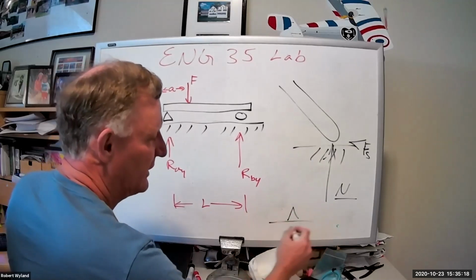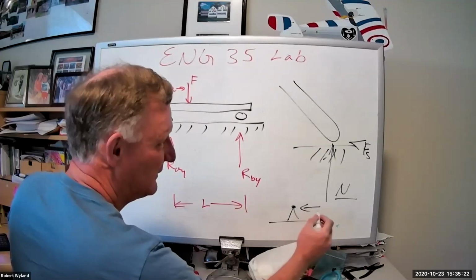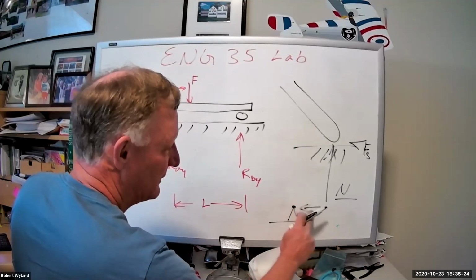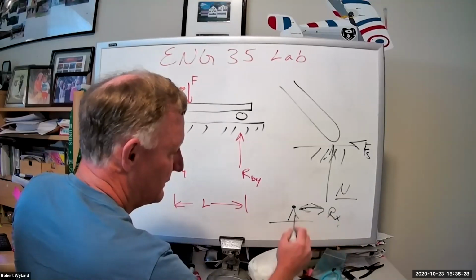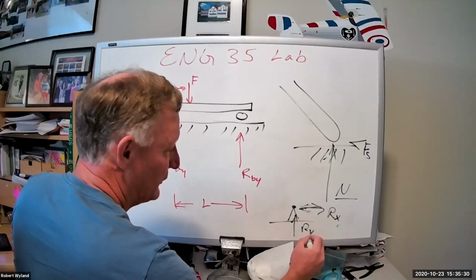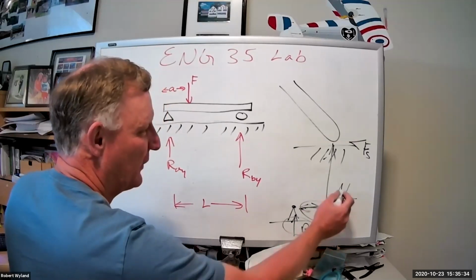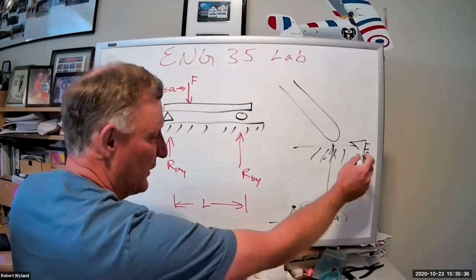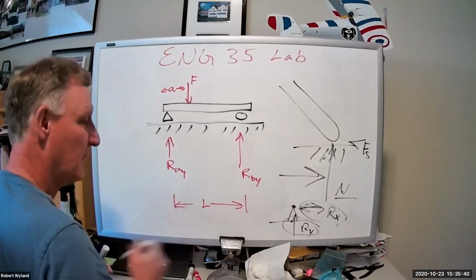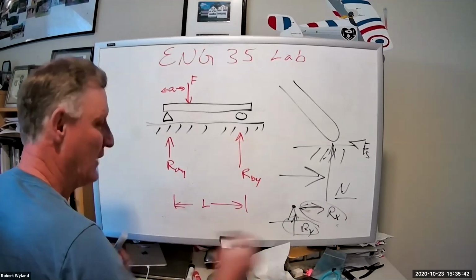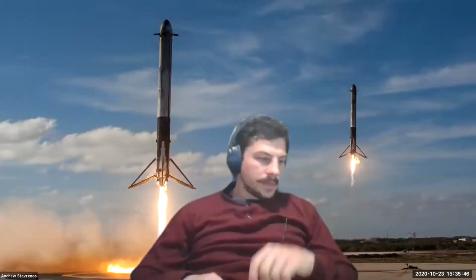If you drew a pin, you would have, excuse me, so you end up with the same thing. Instead of RY, you end up with N, and instead of RX, you end up with FS. I prefer to see it this way because that's more relevant, but the end result is you end up with two reactions. Okay, cool.